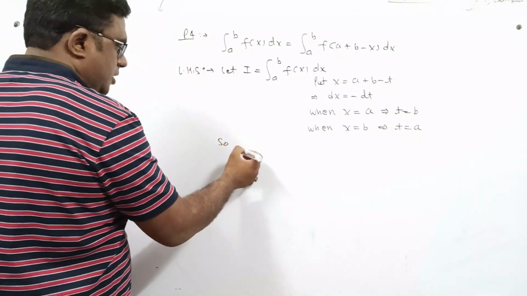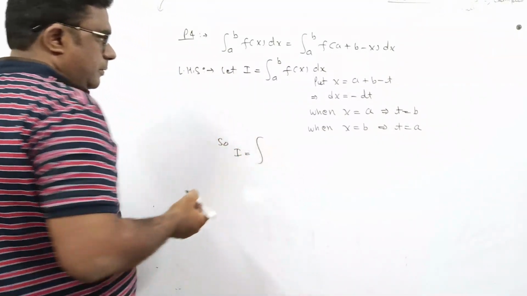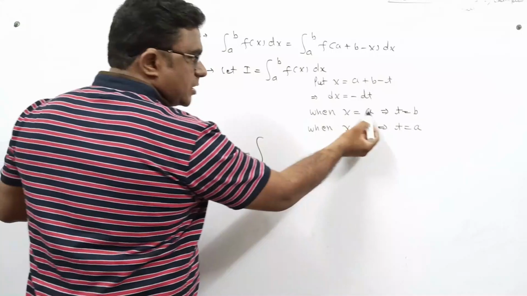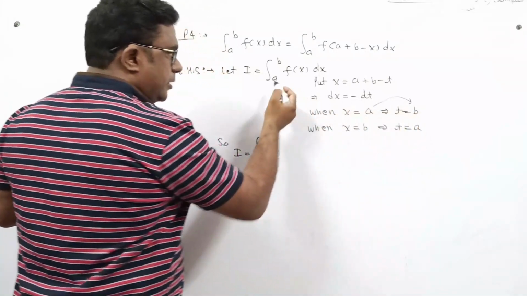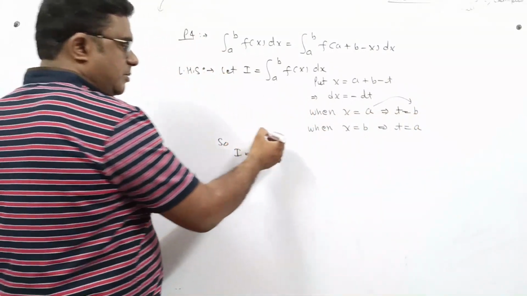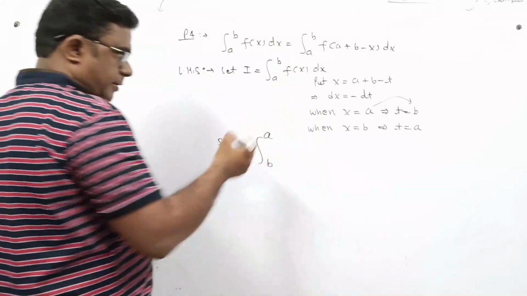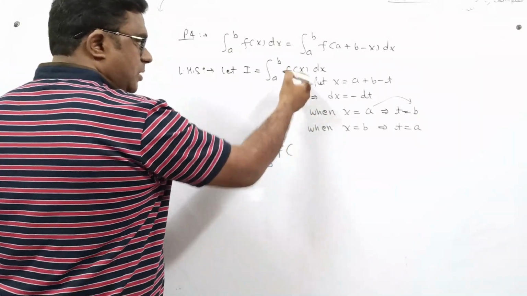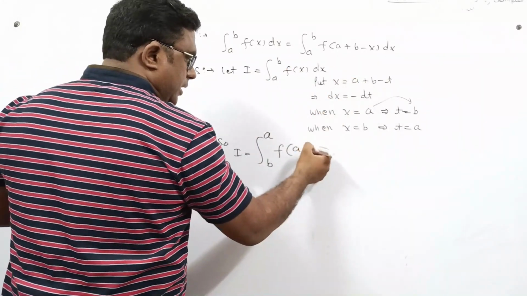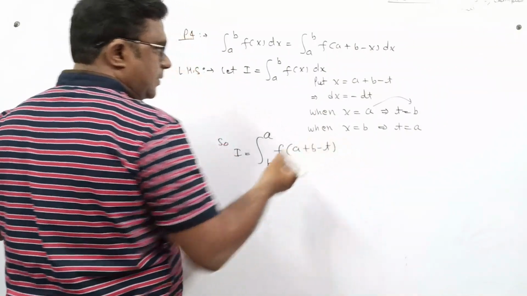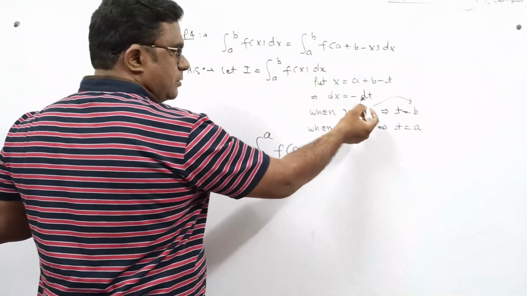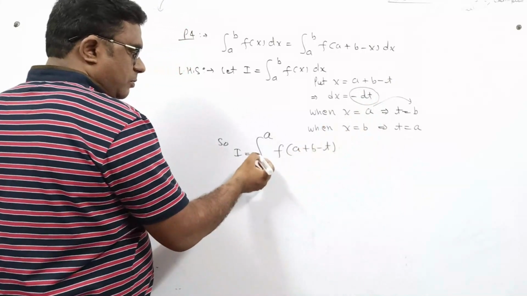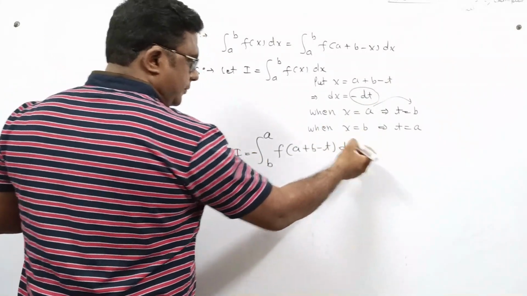So our integration becomes integral, when x was a, t was b, so in place of a I am writing b, and similarly in place of b I am writing a. F, in place of x I have put a plus b minus t, and in place of dx what will come? Minus dt, so minus outside and dt here.